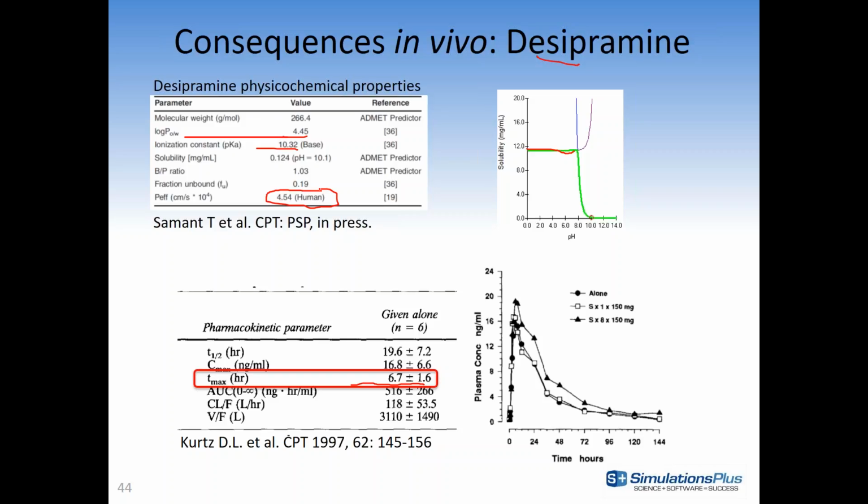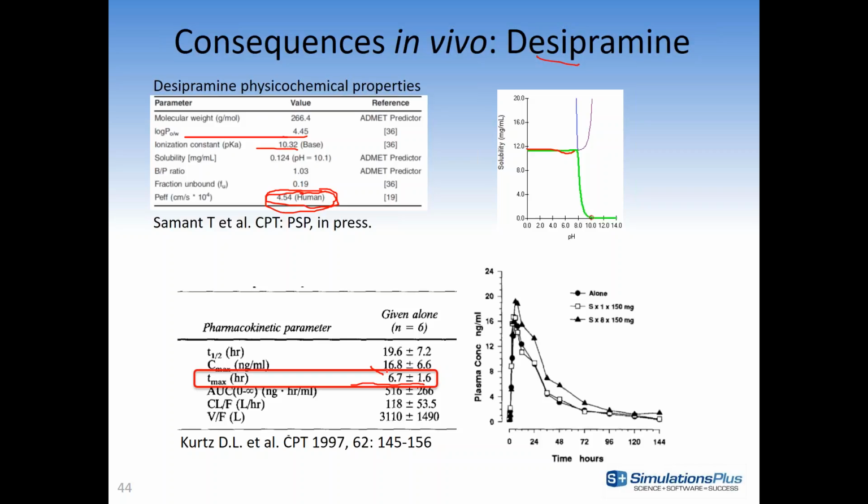It should have a high solubility, and based on the permeability, it is disappearing from the gut lumen quickly, and you would expect a fairly fast appearance in systemic circulation. And yet this compound is showing Tmax around 6 or 7 hours.